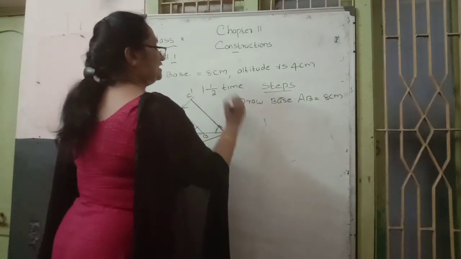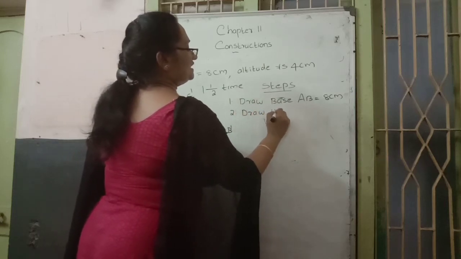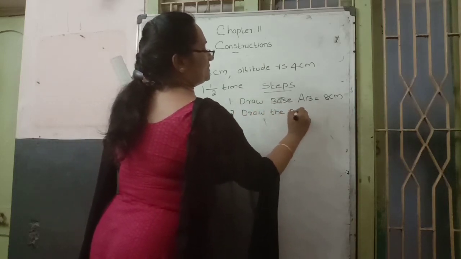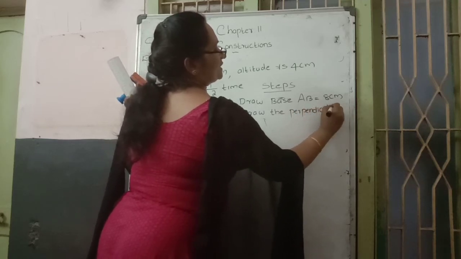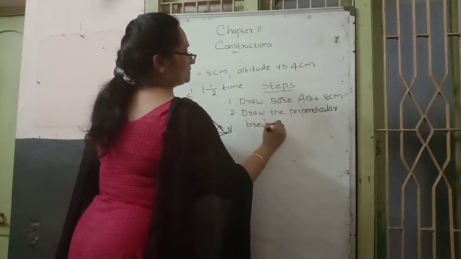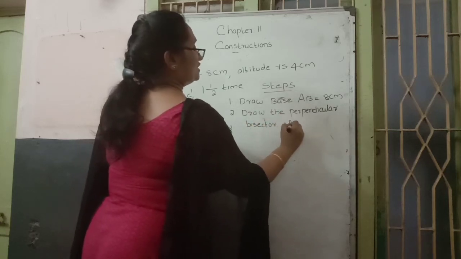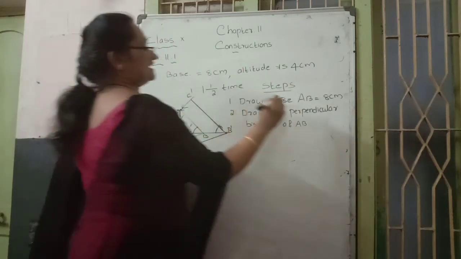Second step, draw the perpendicular bisector of AB. That point.